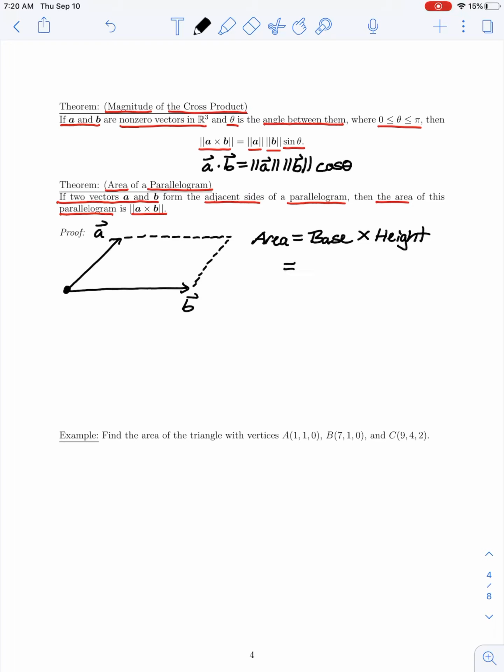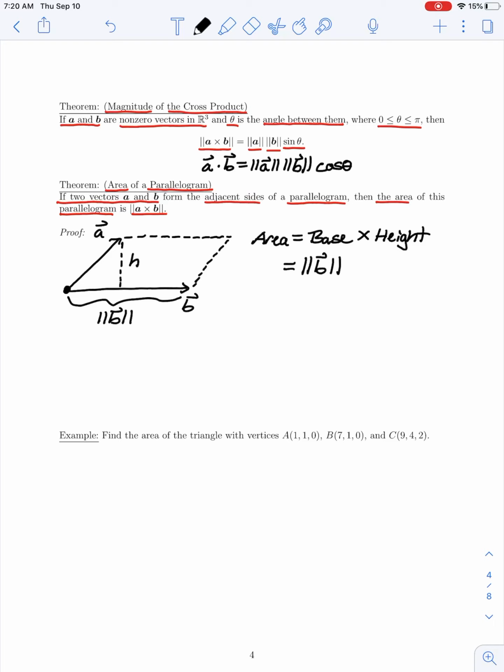So the way that I've drawn this here is such that the base of my parallelogram would be the length of this vector B, or its magnitude. So my base here will be the magnitude of B. And let's think about how to find our height. The height of this parallelogram, which I'll call H, is shown here.